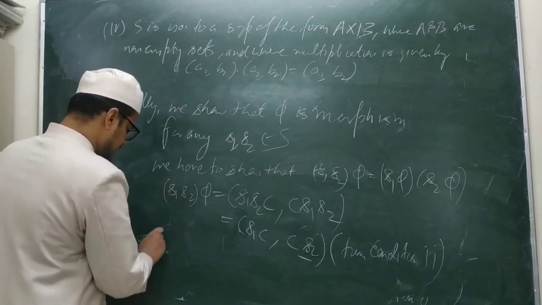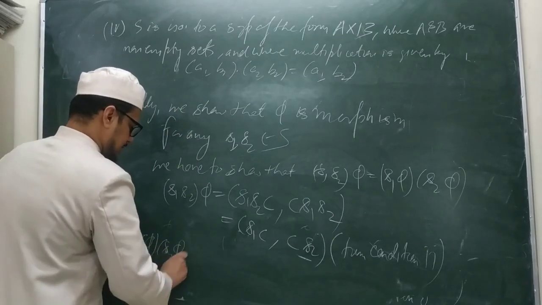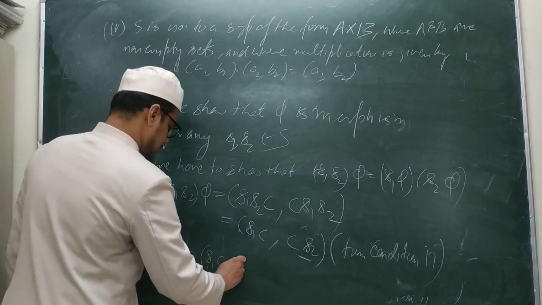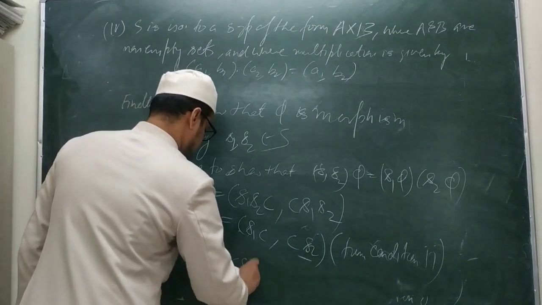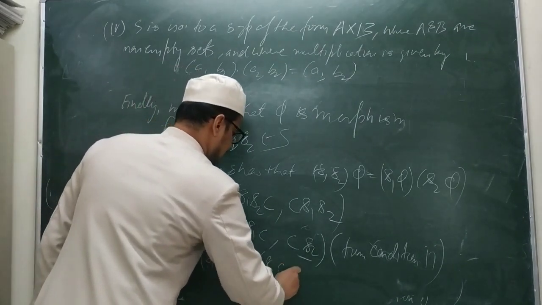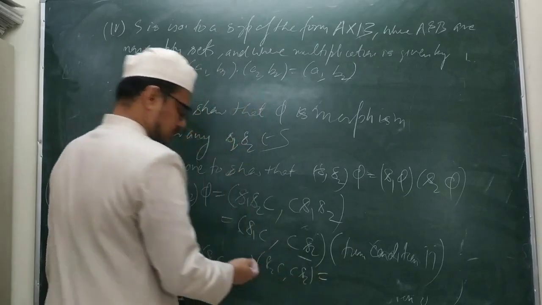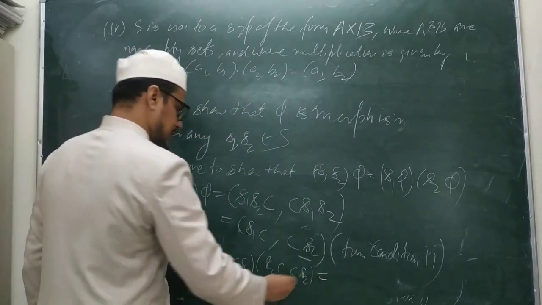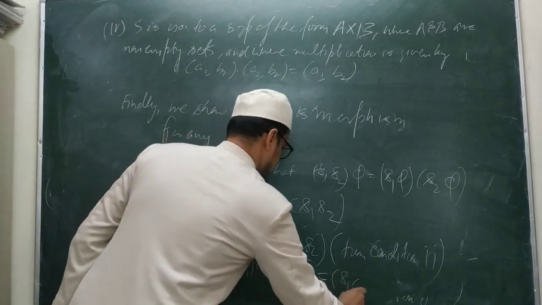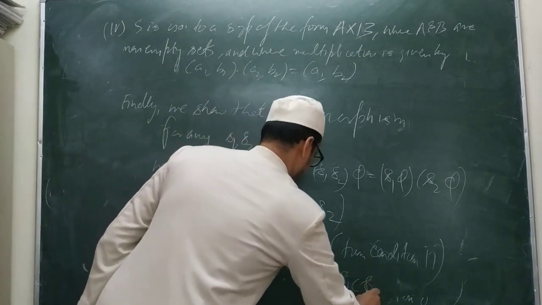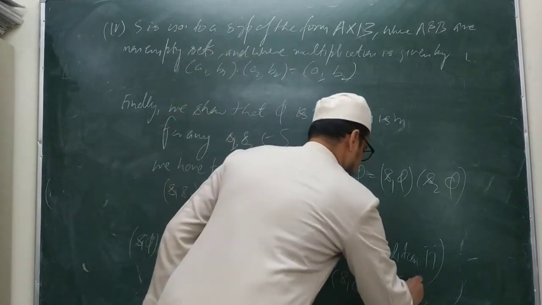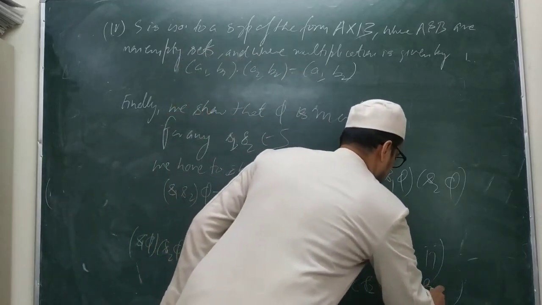Now you can calculate this as right hand side, S1 phi, S2 phi. S1 phi is what? S1C comma CS1, S2C comma CS2. Now, since this is a direct product, what should be the multiplication? It is S1 C S2 C comma C S1 C S2.